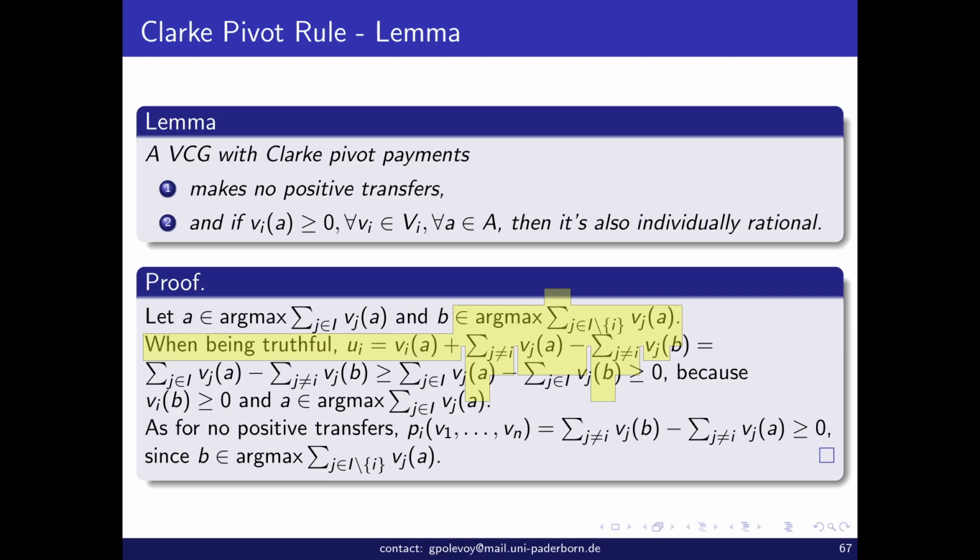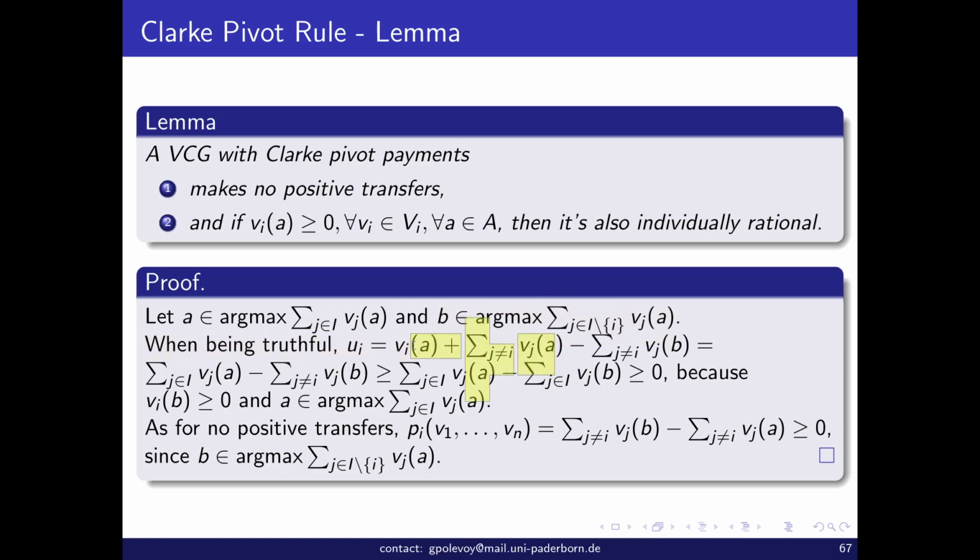So that's what happens when I is truthful: it's the same as seeing that this is all I sum, what I values for the choice A and what the others value according to what they tell.